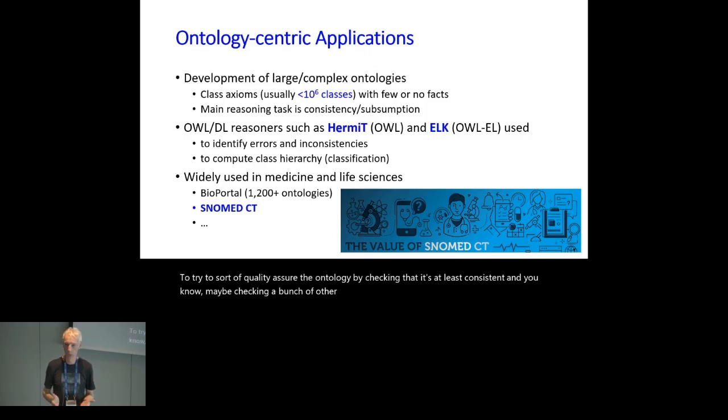There are quite a lot of reasoners around, particularly reasoners for this EL language, one that we developed initially at Oxford called ELK, and another reasoner called HermiT that covers the larger OWL language. And these are still quite widely used, even though they were developed quite a few years ago.